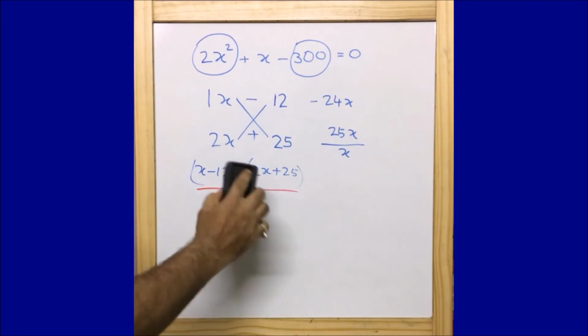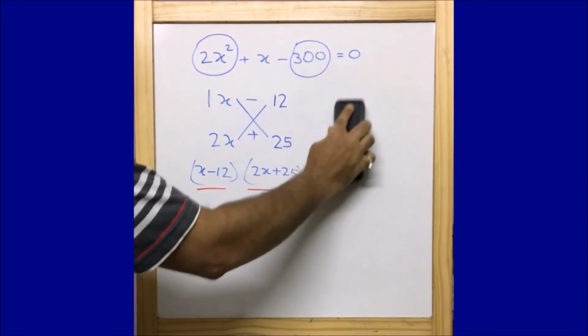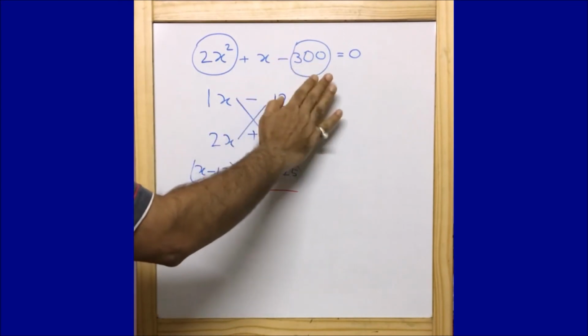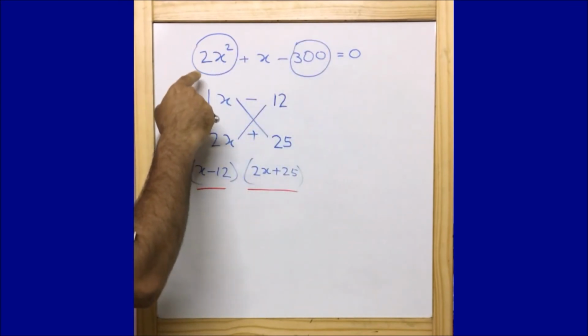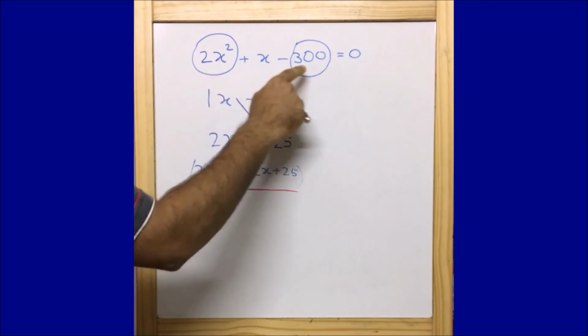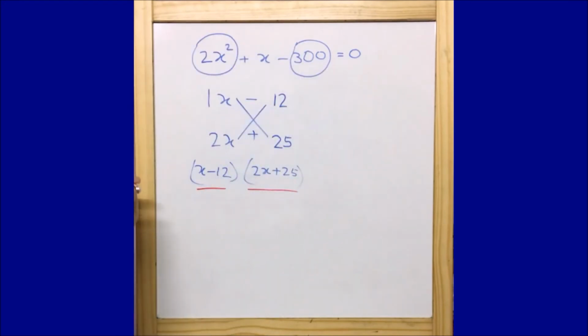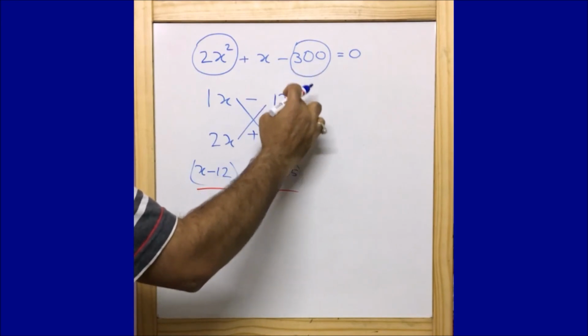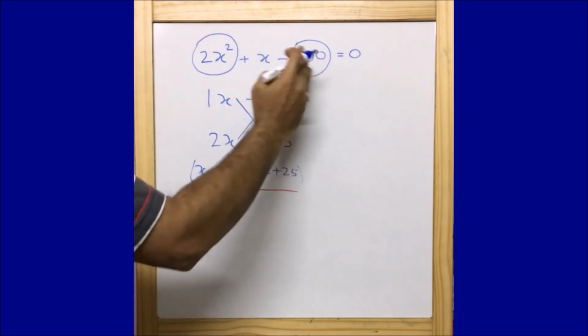So the main important thing is we need to first of all find out this one, 300, because mostly this constant figure, if we put this in ax square plus bx plus c, because this c is a constant, most of the time we might feel a little bit difficult to find out the factors of this constant term.